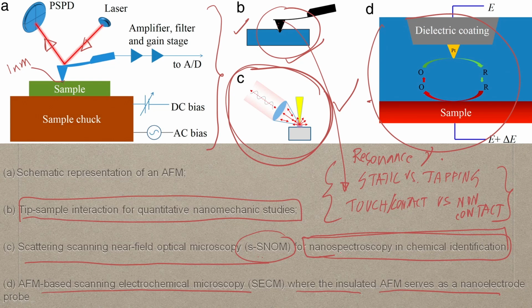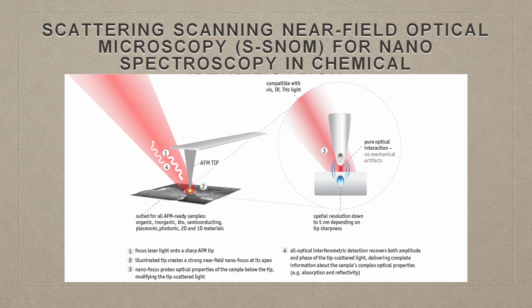So I'm at part C. What does this say? The short form SNOM is scattering, scanning, near field optical microscopy. Scattering, this is the small s, S N O M. In short, you will see something like SNOM written in the literature, for nanospectroscopy in chemical identification.